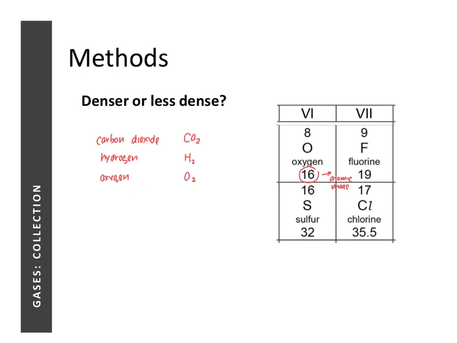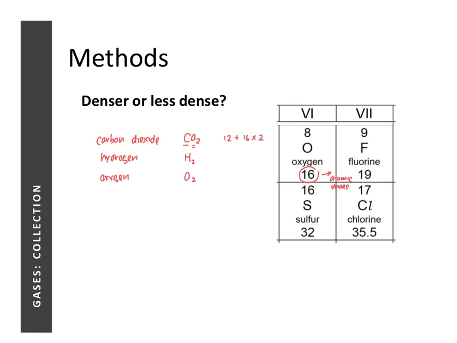Once we know the formula of a gas, we can actually calculate the relative mass of the gas. How do we do that? Sum up the atomic masses of all the atoms in the formula. For example, carbon dioxide has 1 carbon and 2 oxygens. The atomic mass of carbon is 12, and the atomic mass of oxygen is 16.